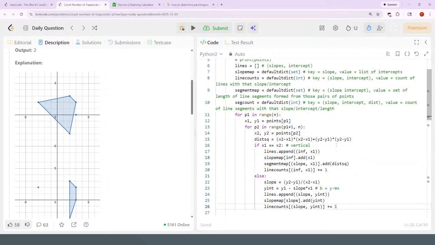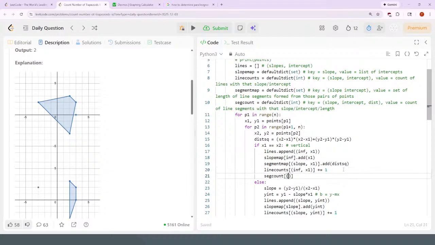Oh, I need to have done it here. Oh, whatever. So this should be seg count for slope, intercept, distance, plus equals 1.